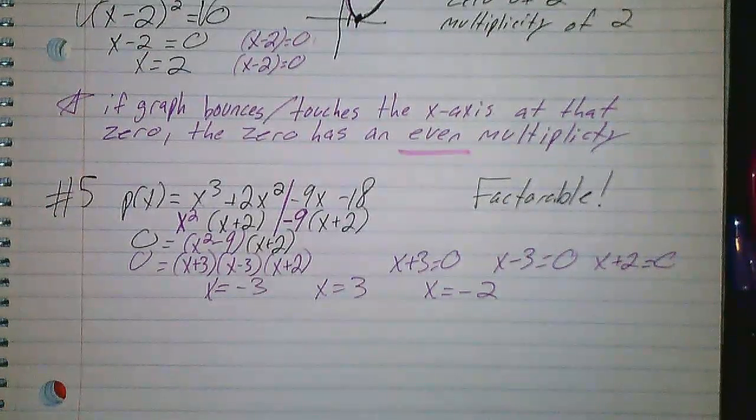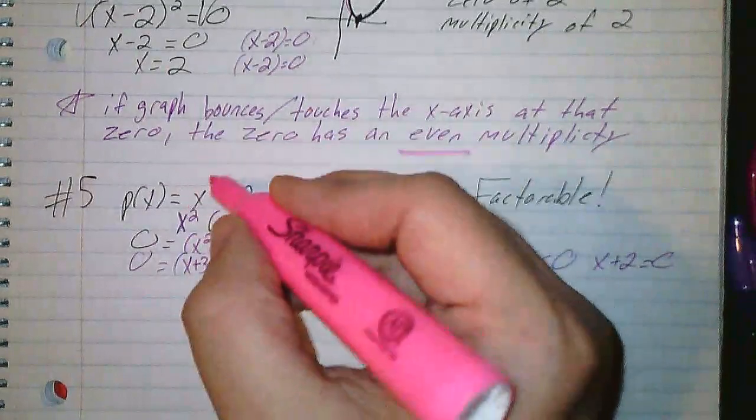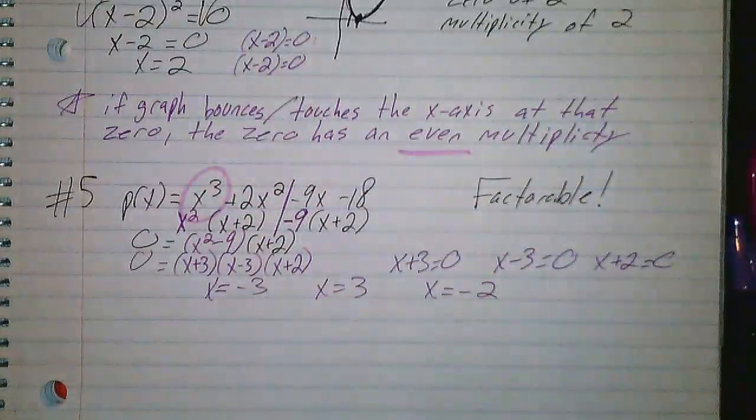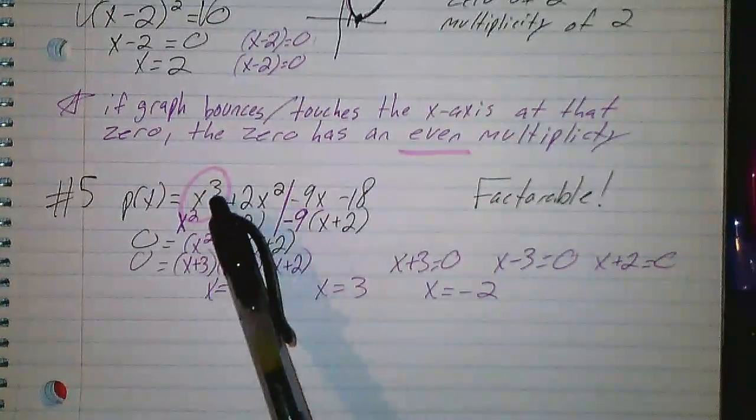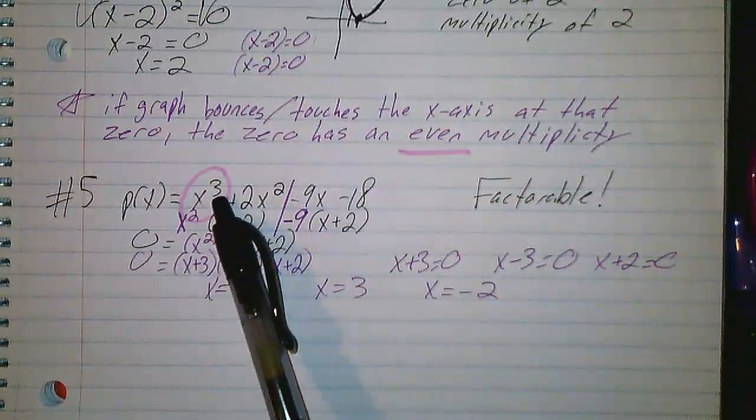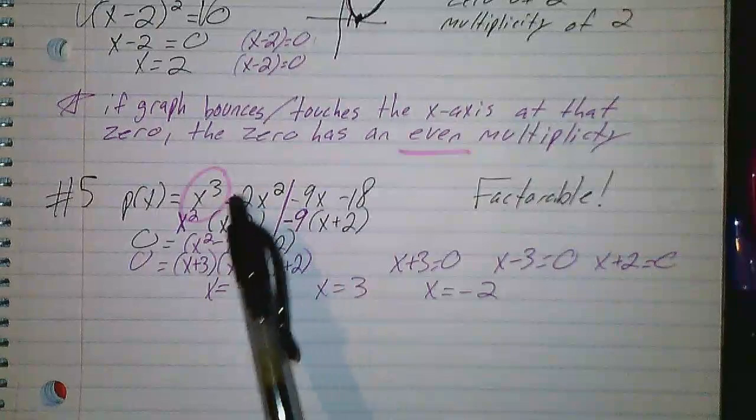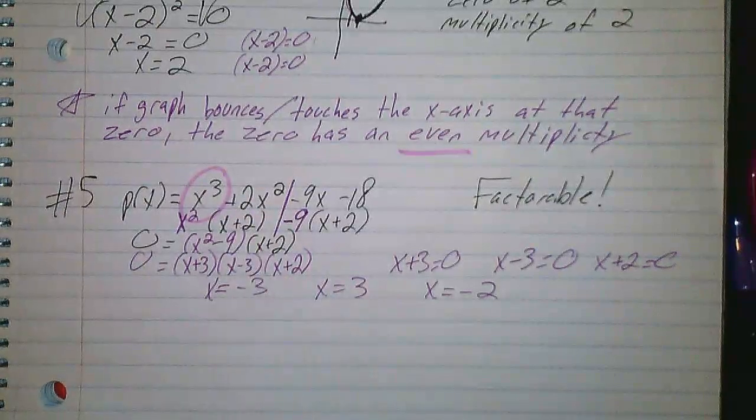And then it will ask you, what is the multiplicity at each zero? The sum of your multiplicities will never exceed your highest degree.